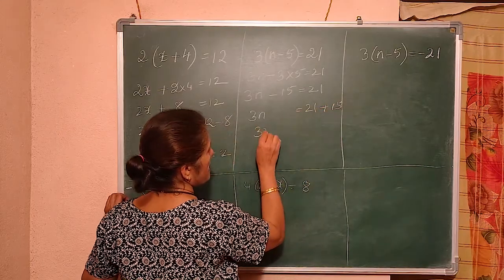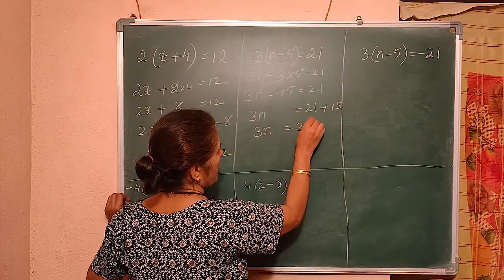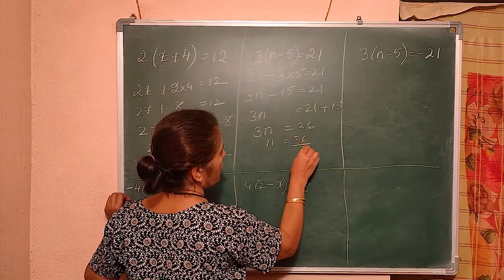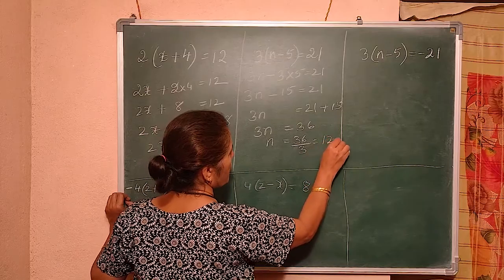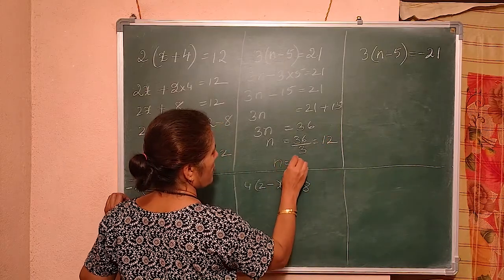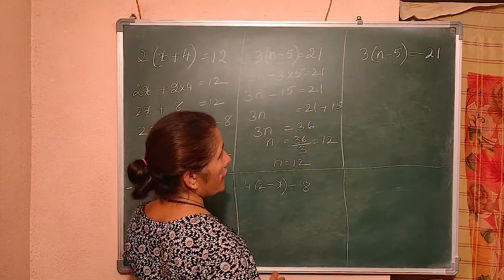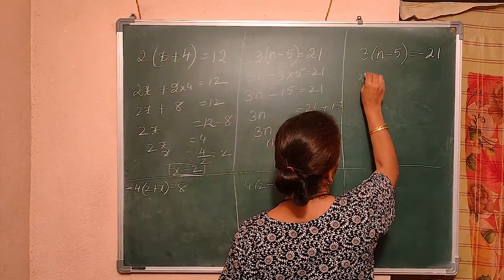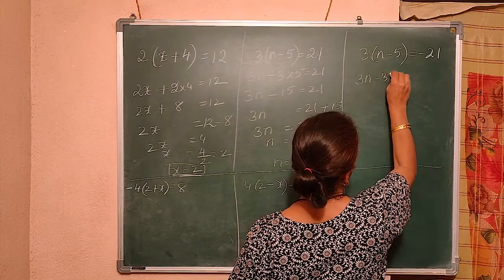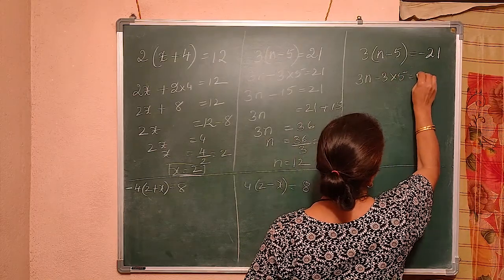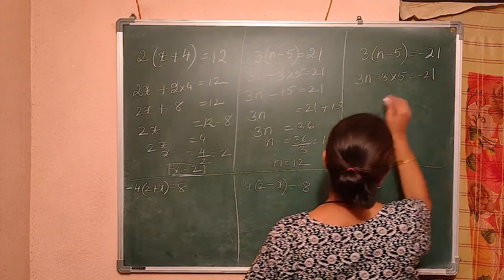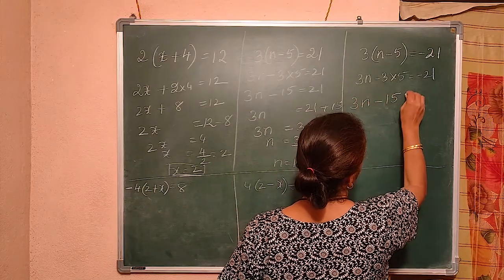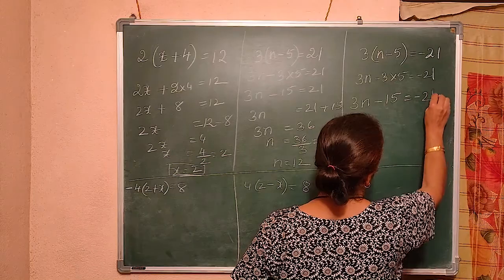So 3n is equal to 36. n is equal to 36 divided by 3. 3 1s are 3, 3 12s are 36. So n is equal to 12. Now, similarly like that. 3 into n minus 3 into 5 is equal to minus 21. So 3n minus 15 is equal to minus 21.